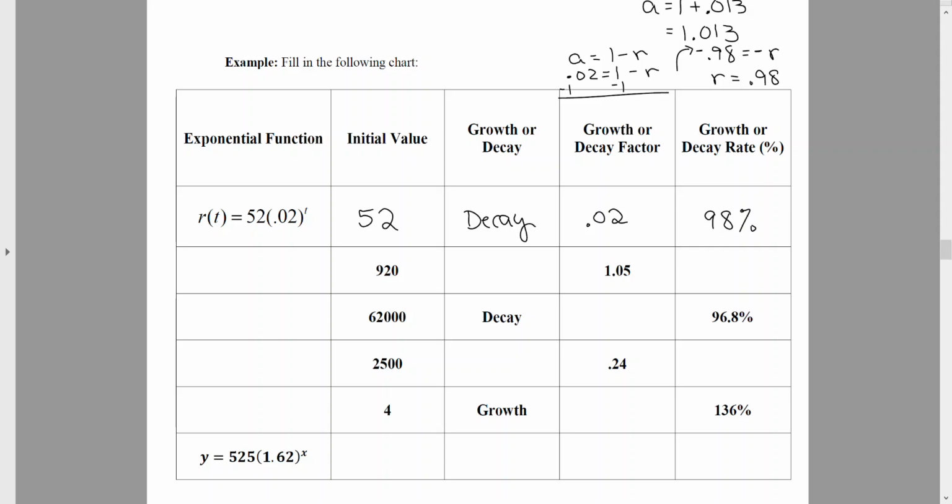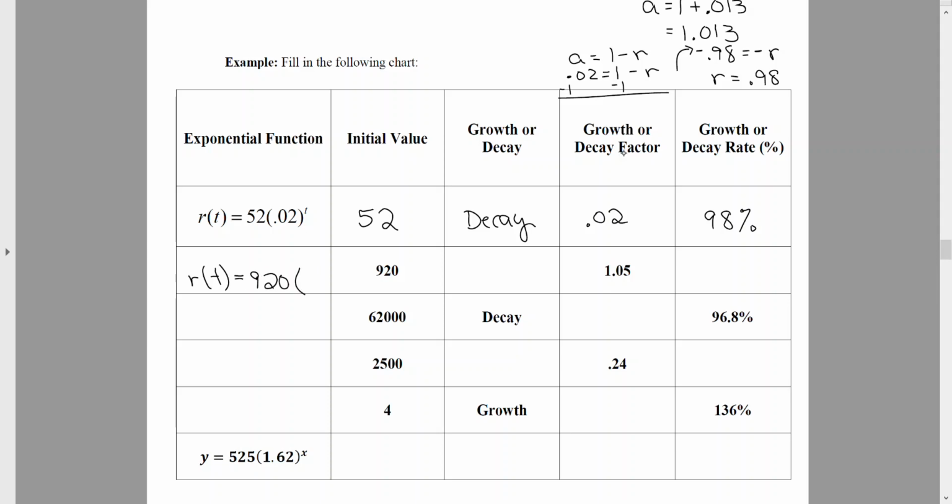Next one's a little bit more of a challenge because you're having to think backwards. For the last one, I was given the function and I could pick out the information given the function. This one's a little bit more of a challenge, but I know what my initial value is. So I can come over here and start out with R of t equals my initial amount, 920.